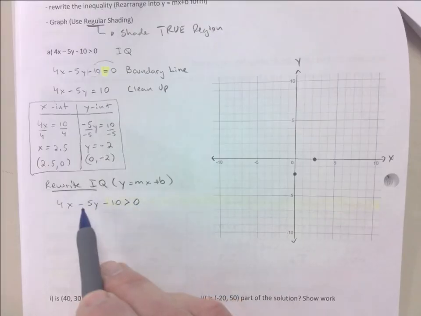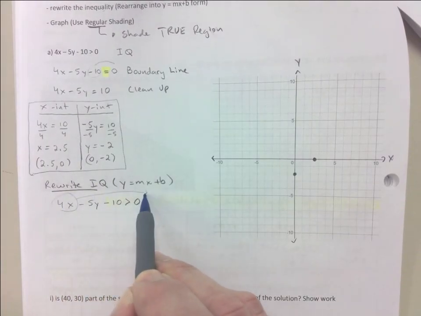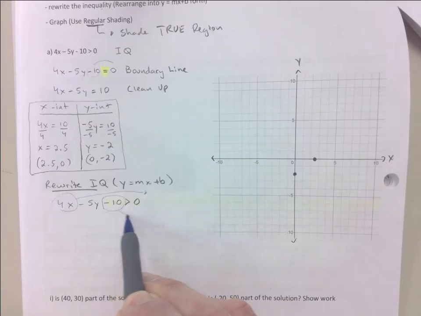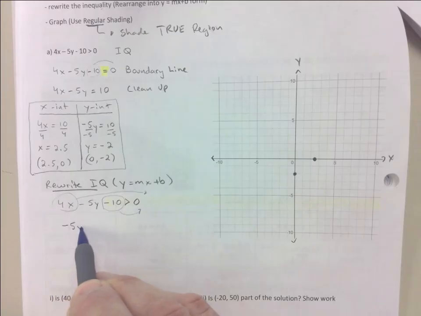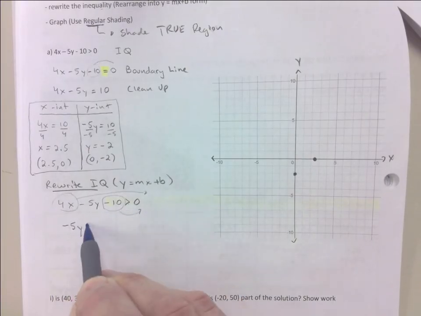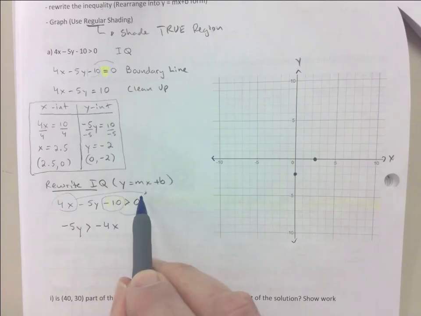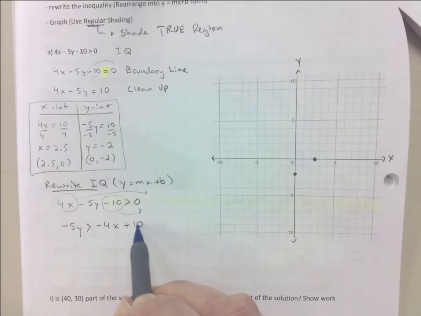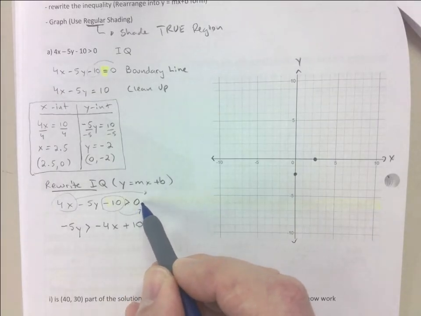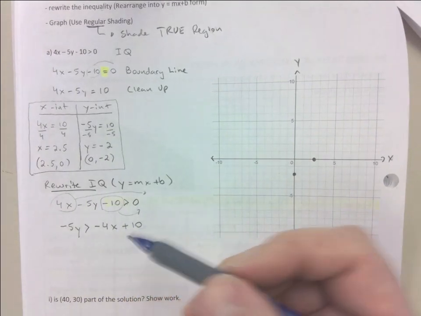Just like before, you want to isolate y. So I bring this over to the other side, and I bring this term over to the other side. So you end up with negative 5y is greater than negative 4x plus 10. Because remember, there was 0 on the other side. There was nothing there. So now it's negative 4x plus 10.